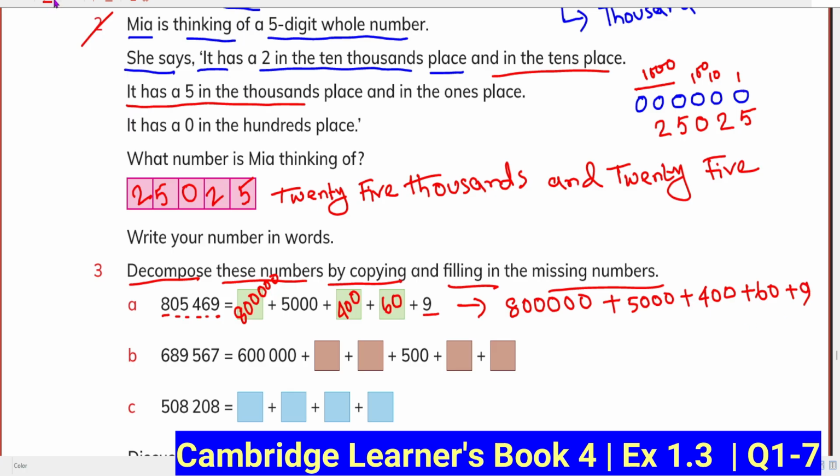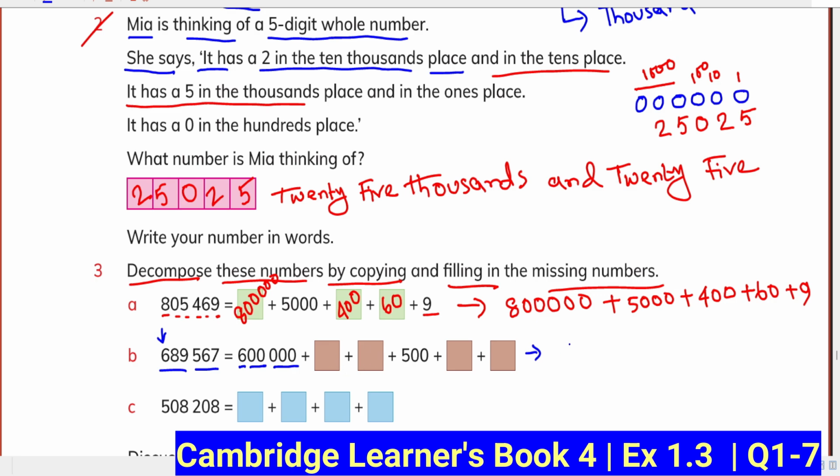I hope you cleared this one. Next one, here is 689,567. So 600,000 is the first part, 6 done. Then 8 we can write here.